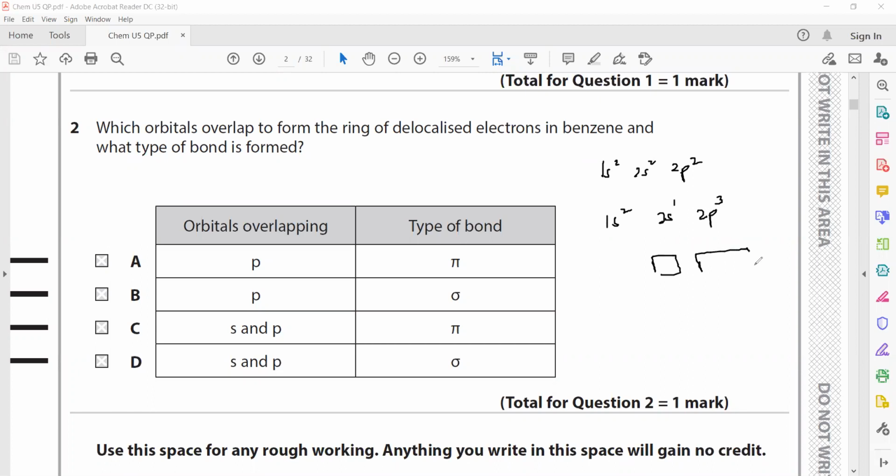So there is 2s available and 2p is also available. The 2s is used to bond with hydrogen's s orbital, so we are left with the p orbital, and partial overlapping of p orbitals leads to a pi bond. Because this will be s, then px, py and pz.